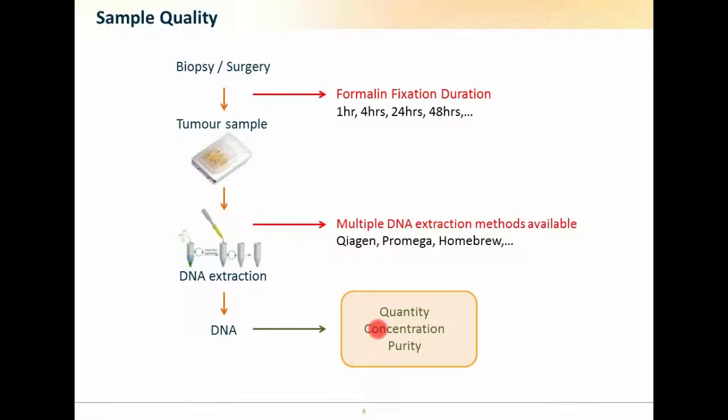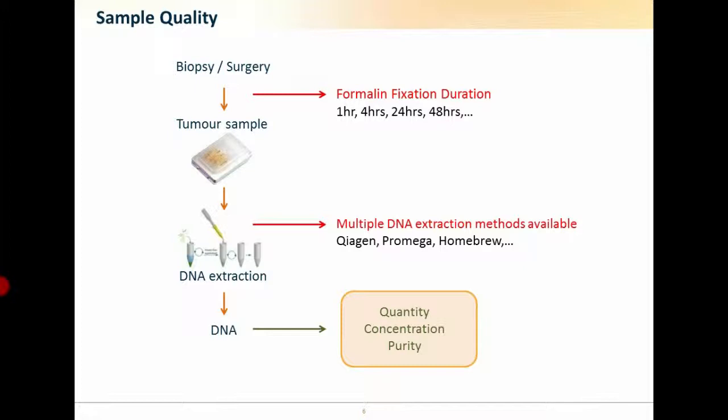The next variability that needs to be considered is the sample quality, and this will be very much governed by the formalin fixation duration. So when the biopsy or the resection surgery is taken, if it was taken, say, on a Friday afternoon, it could then be fixed for a full 24 hours, or it could even be over a weekend, a 72-hour fixation if it's not processed through the FFPE straight away.